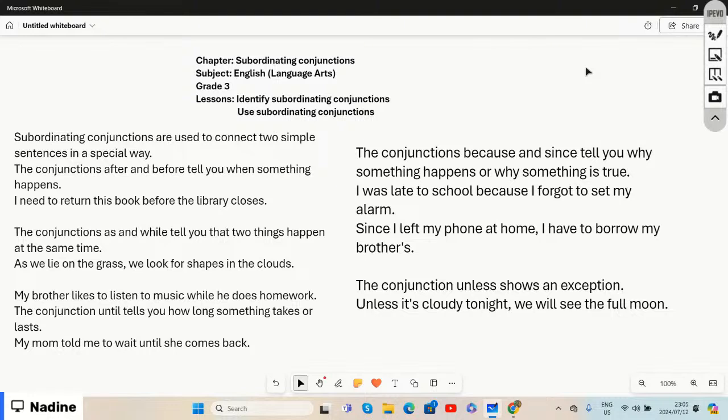And we're going to scroll down. The lessons that we are going to be focusing on are to identify subordinating conjunctions and to use subordinating conjunctions.